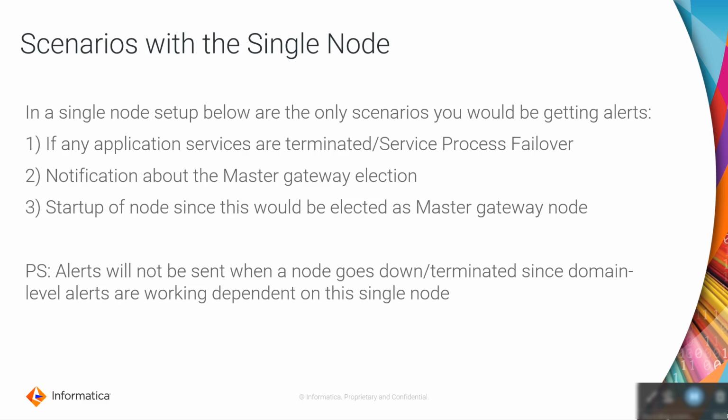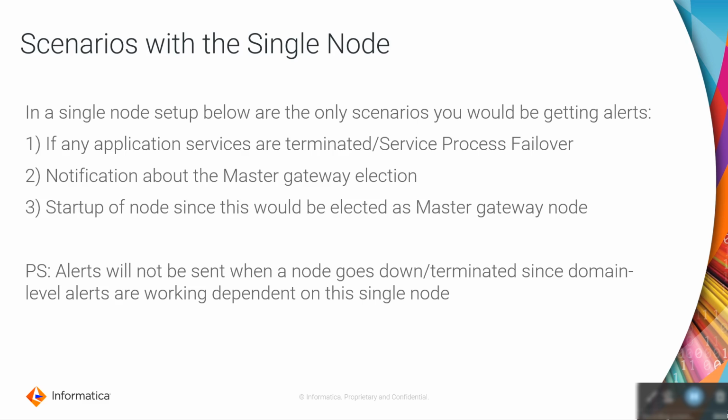The second is the notification about the master gateway election, and the third one is an extension of the second, which is the startup of the node, since it will be elected as the master gateway node. There's one catch here: you will not be able to receive the alerts when your node goes down, because these domain level alerts are dependent on the single node. Hence, in any such scenario when your node is down, you won't be able to receive the email alerts.